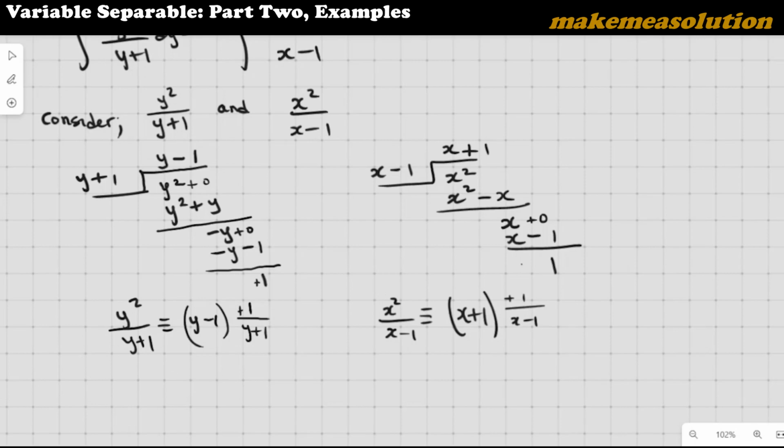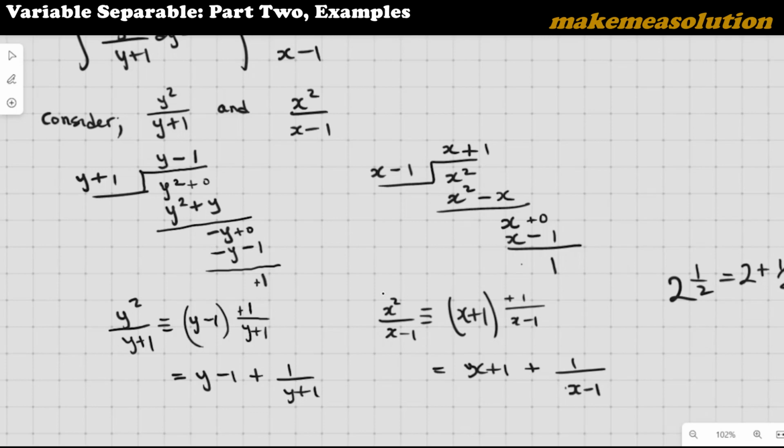Now this is still the same thing as y minus 1 plus 1 over y plus 1, and here it's still the same thing as x plus 1 plus 1 over x minus 1. So you should remember that 2 whole number 1 over 2 is still the same thing as 2 plus half. So that's the concept I'm using to analyze this particular one over here.